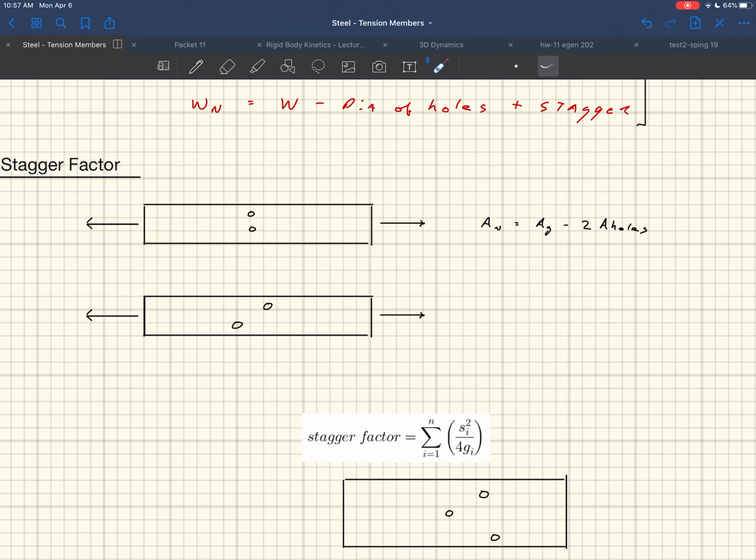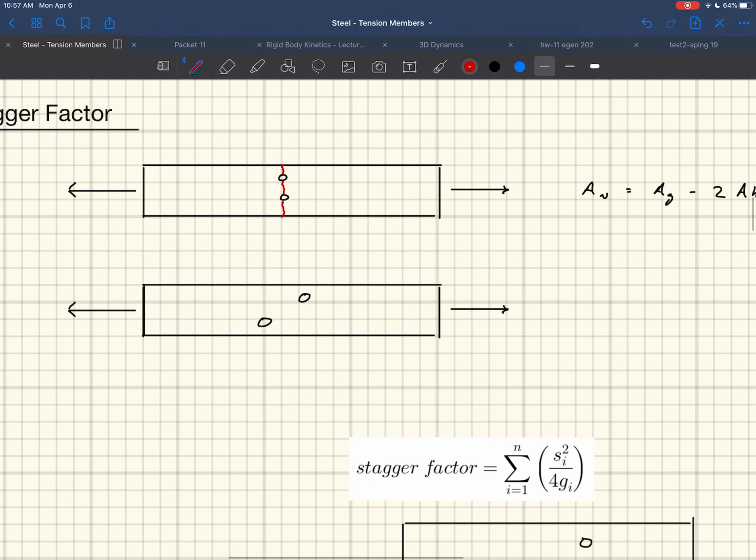But then imagine, in that case, this thing's going to rip like this. It'll come down and rip into 2 pieces like that. But you could imagine if I have these things staggered, it could fail in 2 different ways, or actually 3 different ways. It could go like this, just rip through one hole like that, or it could rip through this hole over here.